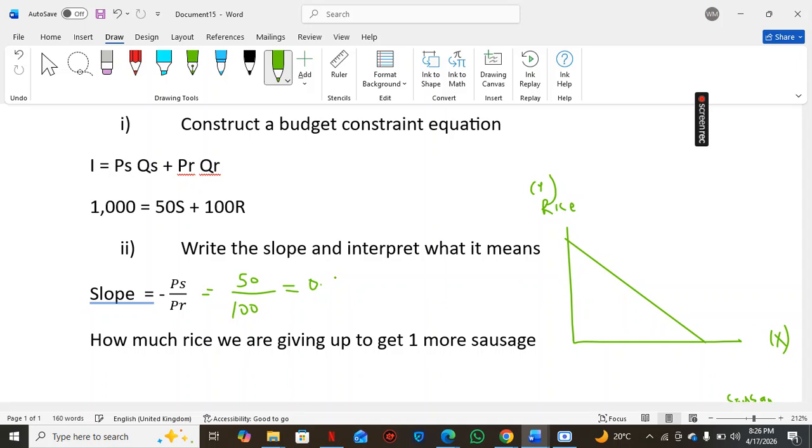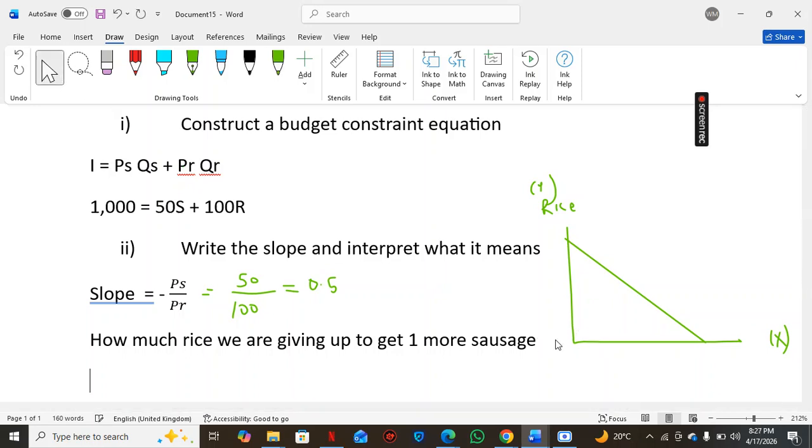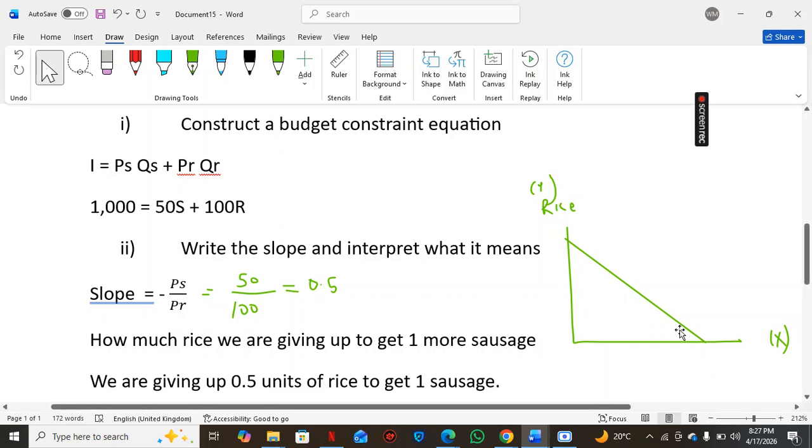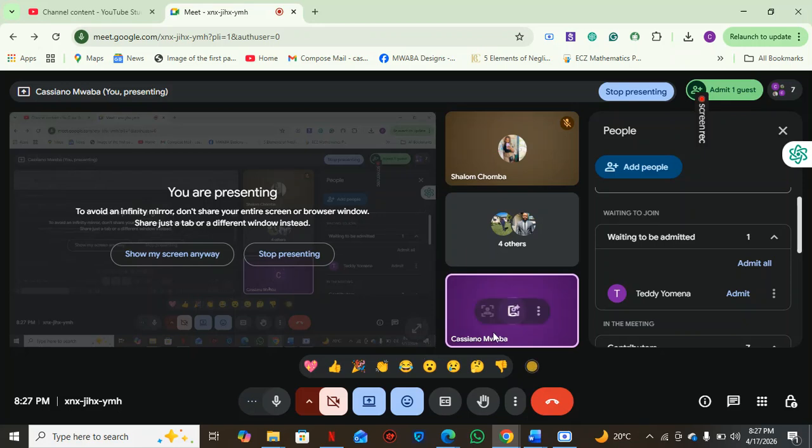So basically, we are giving up 0.5 units of rice to get one sausage. Okay, so that's what this slope of the budget constraint line represents.